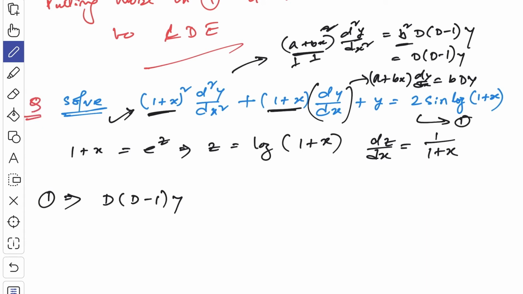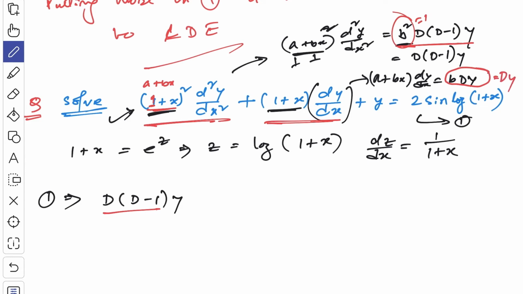So this first term is reduced to this. Here b square is nothing but 1, as if you compare a plus bx with this, then you will get b is 1. So that's why we have got D into (D minus 1) y. And these terms will be equal to b into Dy, and b is 1, that's why it becomes Dy only.